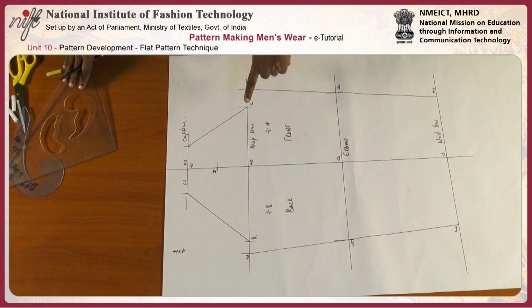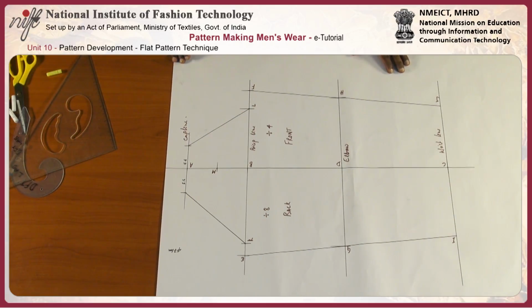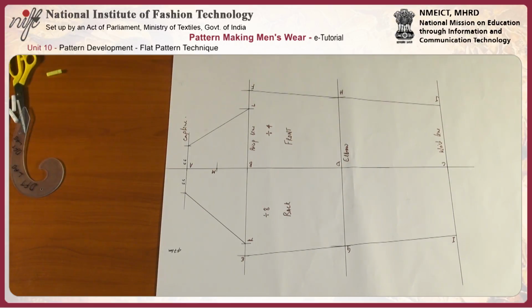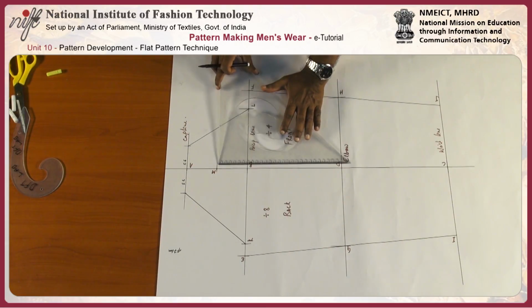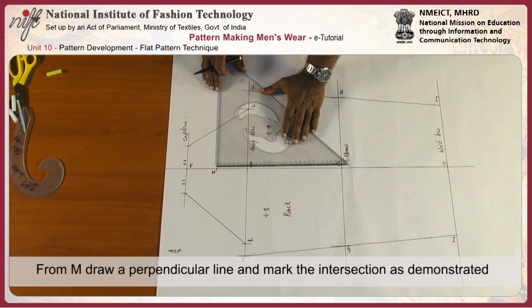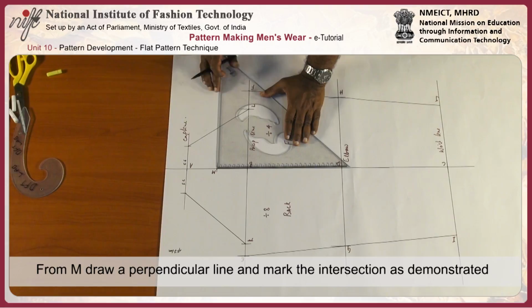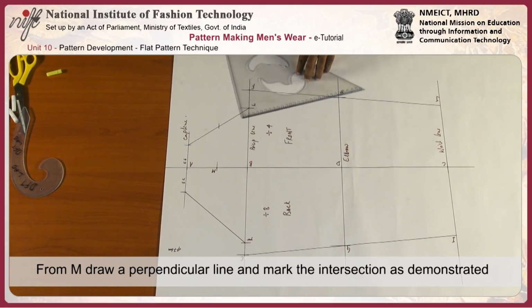See, you can just follow the illustration or demonstration. Then after connecting L and 5.5 centimeter on the cap line, from point M draw a perpendicular line and mark the intersection here as I demonstrated.